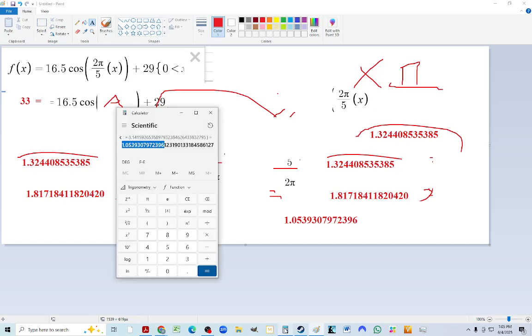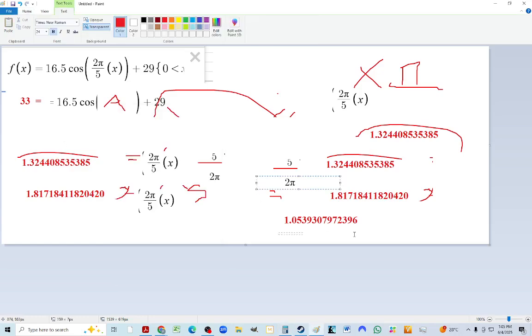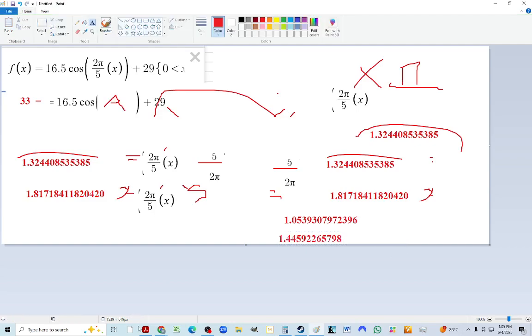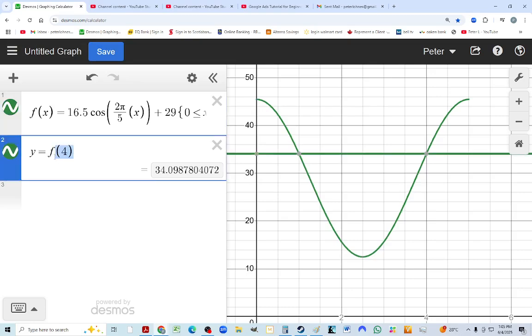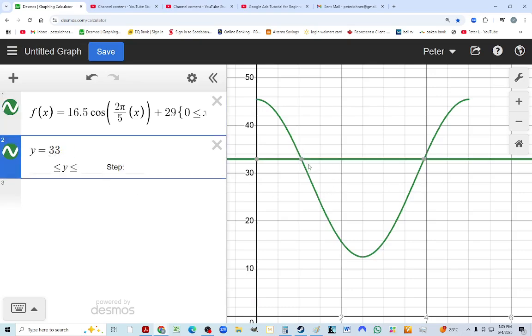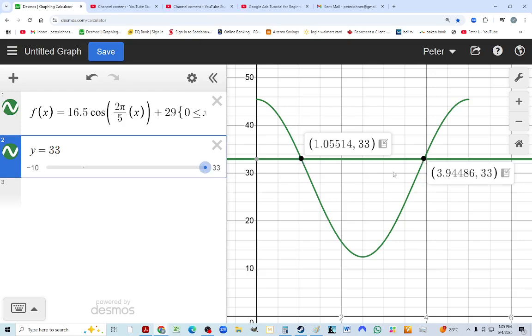And the other one happens at 1.44 seconds. And remember, I was trying to find 33. When we go back to our graph here, we put in y is equal to 33. We discover we got the right answers.